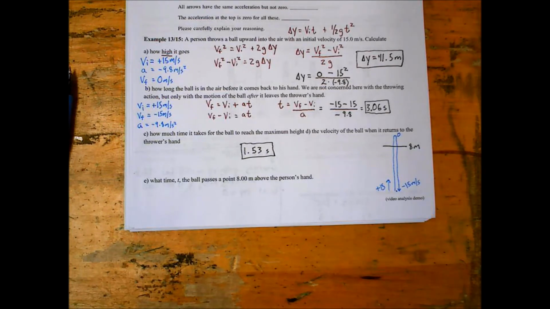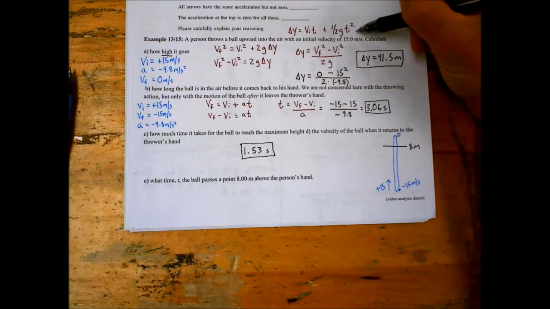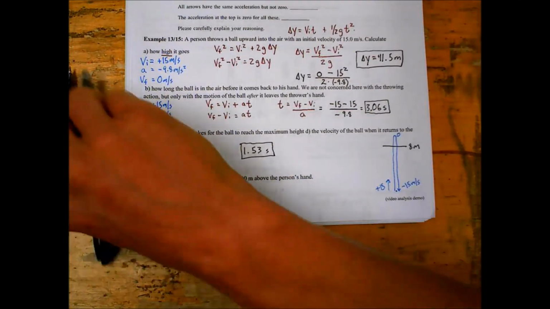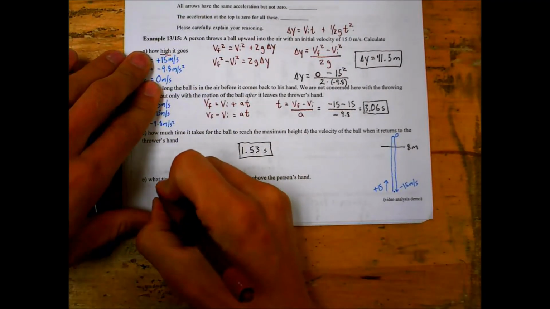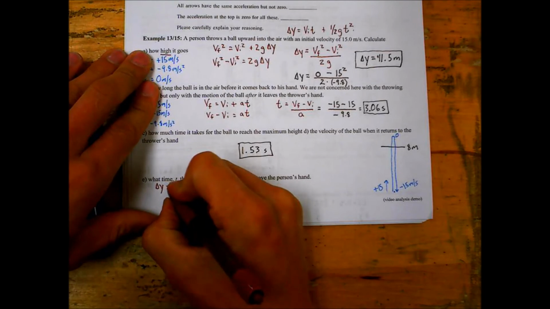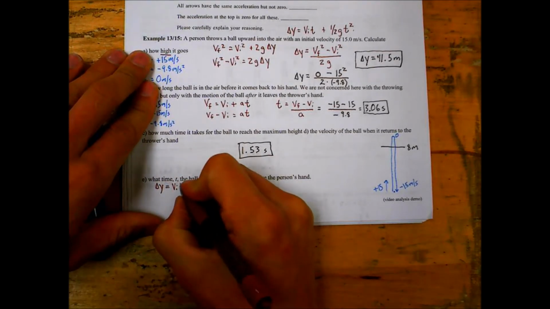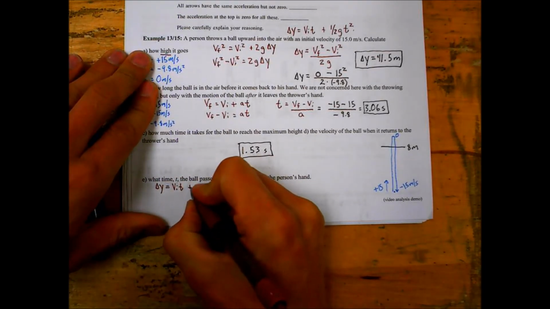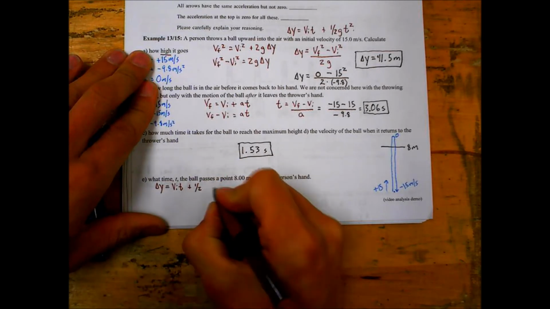Which equation describes, with respect to time, where something is at? Okay, this one right here. All right, so let's copy that down. Delta y equals v_i t plus half a t squared.